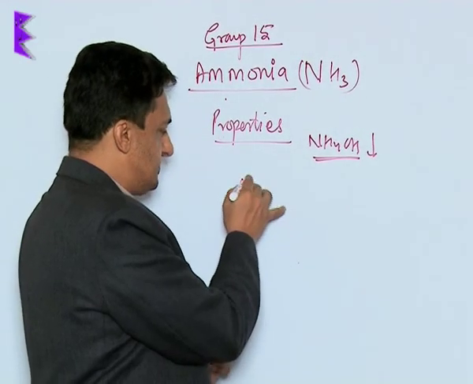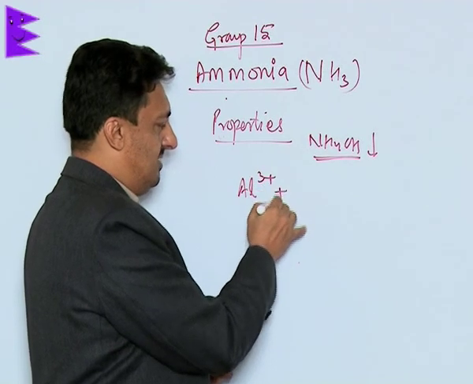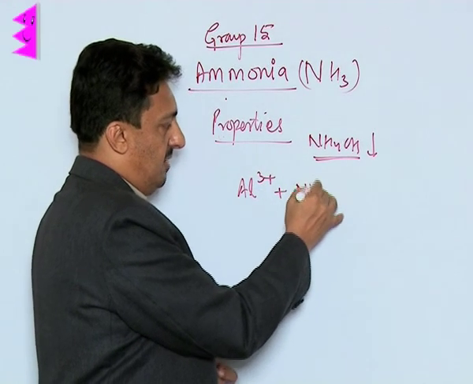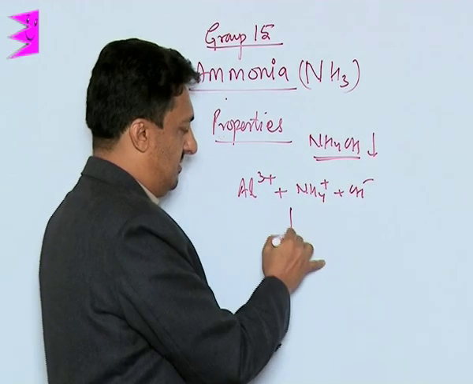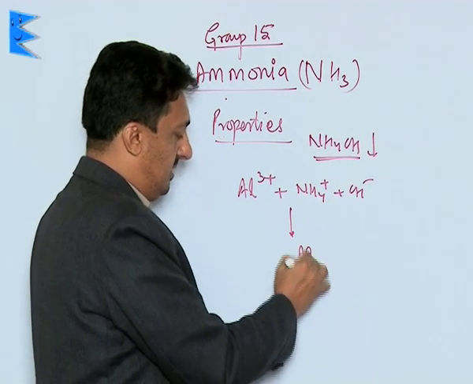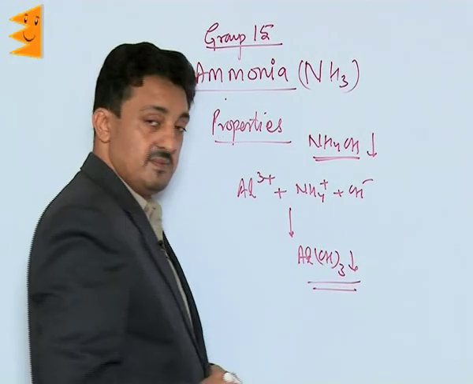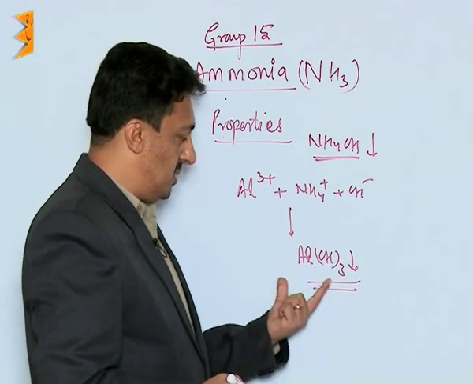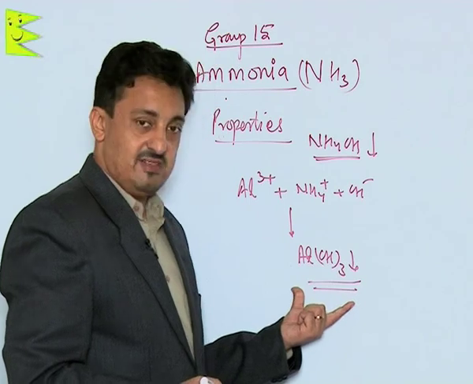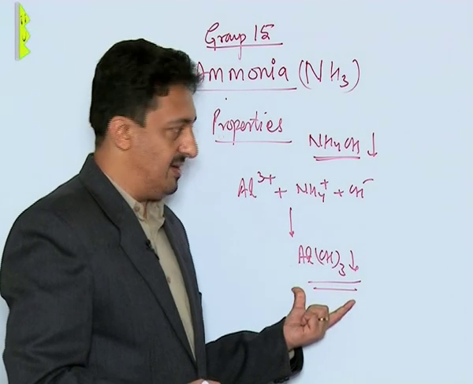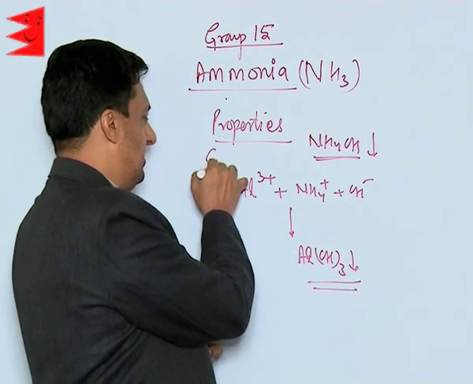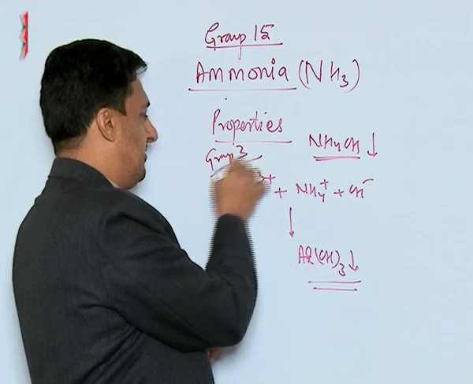If we have aluminium ion and treat it with ammonium hydroxide, the aluminium gets precipitated out as its hydroxide. So we get gelatinous white precipitates of aluminium hydroxide during the group 3 salt analysis.